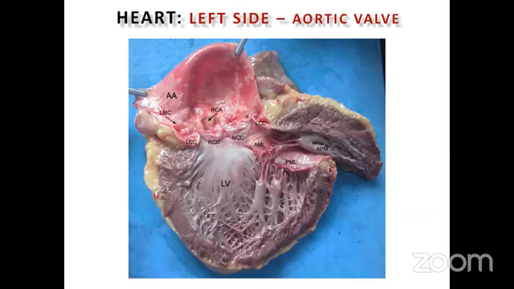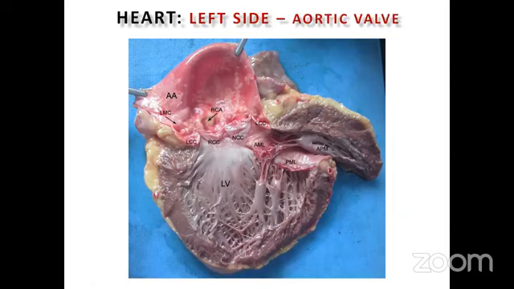Now, this position of the ostia is very important. I repeat, they are present within the sinuses of Valsalva and below the sinotubular junction. If you look closely at the free margin, we can see some kind of thickening which is called the nodulus of Arantii.